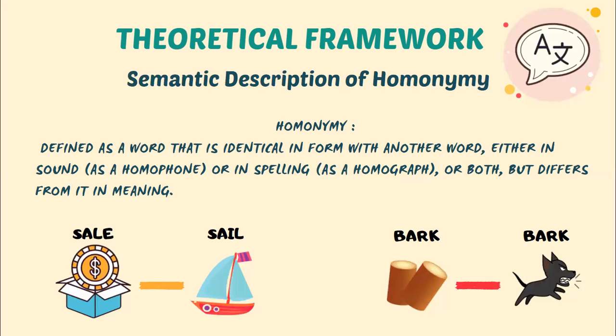For example, when we talk about sale as the act of selling something, and sail, which is the act of traveling by water, which are written differently but pronounced exactly the same way. Those two are homophones. Now we could talk about bark, which is the skin of a tree, and bark, which is the sound of a dog.